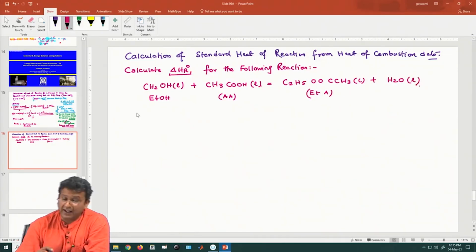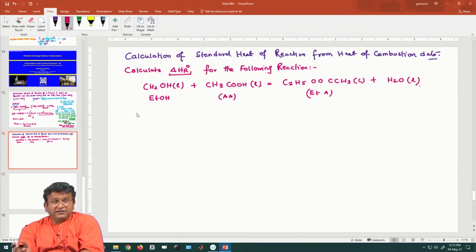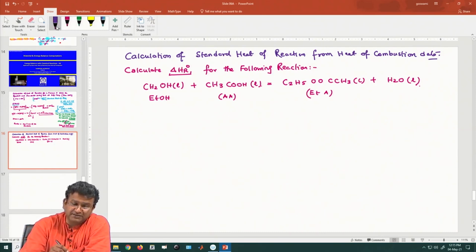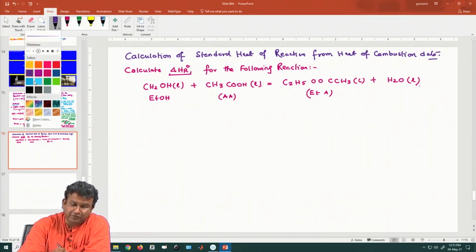And see, if one is told to calculate the heat of reaction for this, if you know the heat of formation of water, ethyl acetate, acetic acid and ethyl alcohol, you can straight away do that. But instead of that, see what is provided to you. What is provided to you is these values.